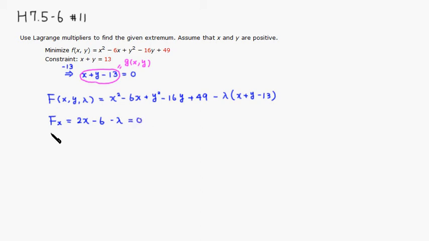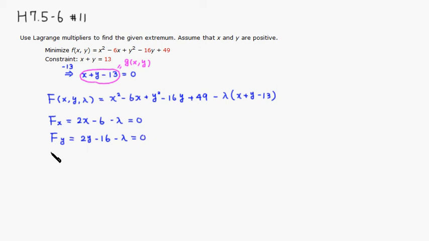The partial of capital F with respect to y: that's 0, then 2y minus 16, and the partial of y with respect to y is 1, so it's negative lambda, equal to 0.